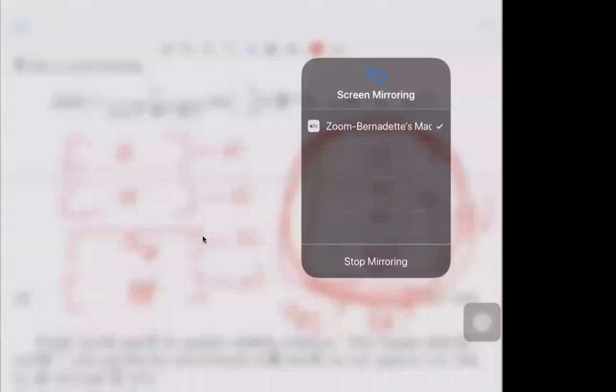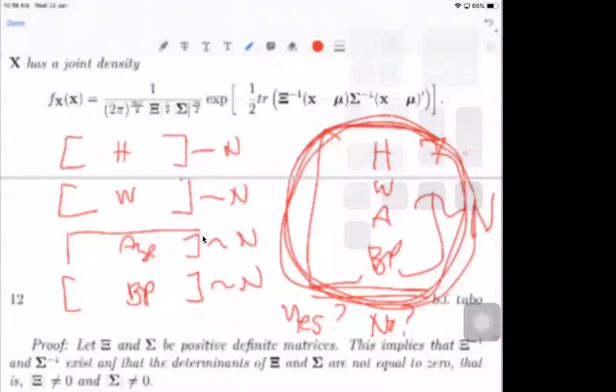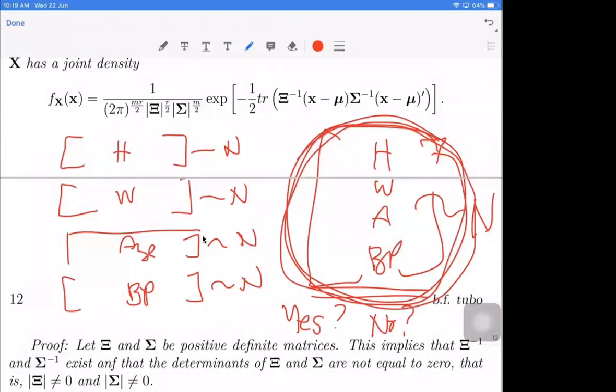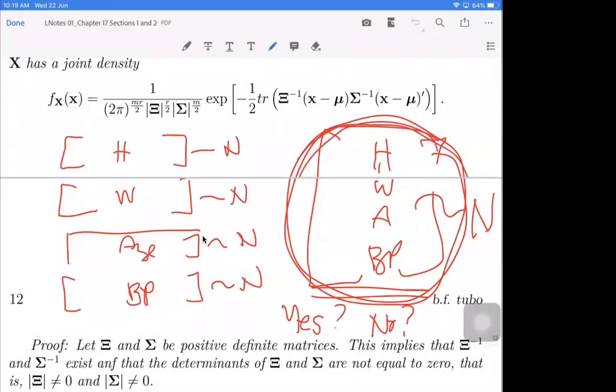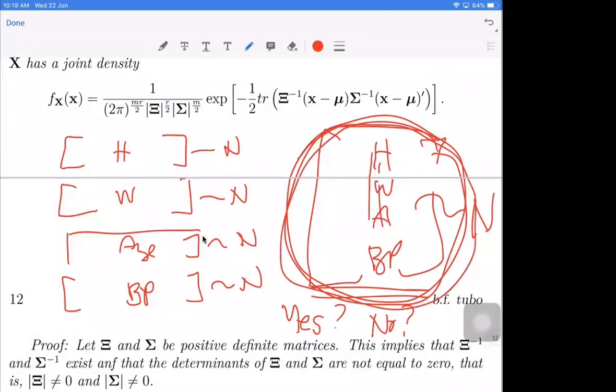Pakita na ninyo sa inyohang report ng application, labi na sa principal component analysis o multivariate analysis, MANOVA o MANCOVA. That's not true. There are certain conditions where the other way around is true, but it's not always the case.